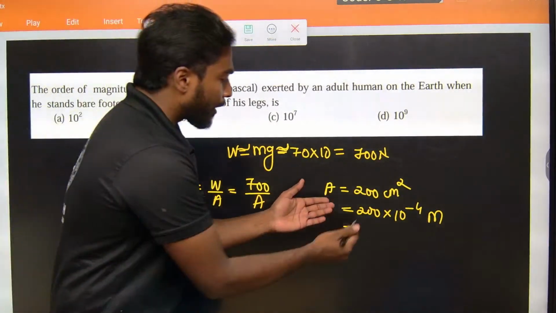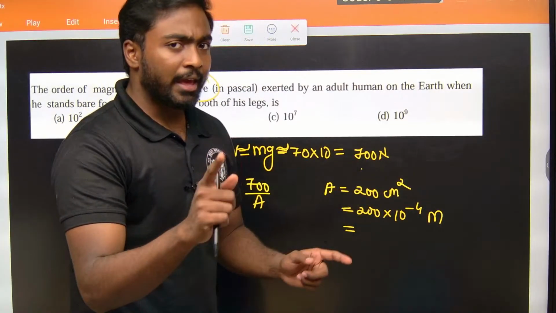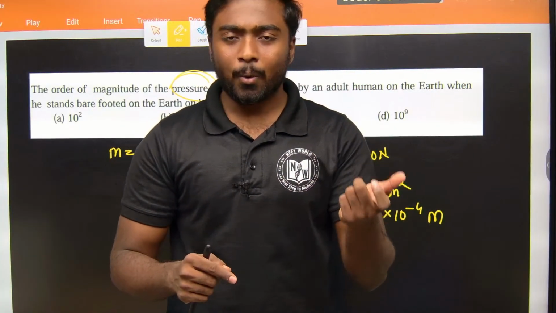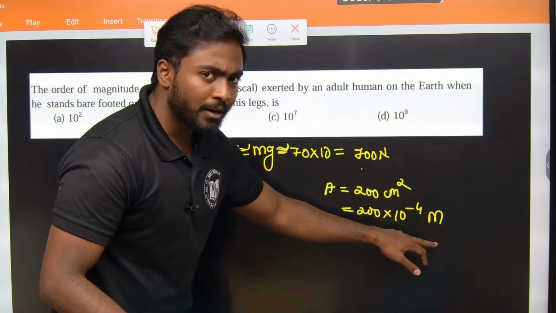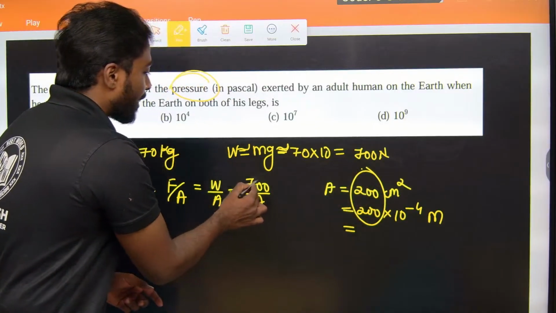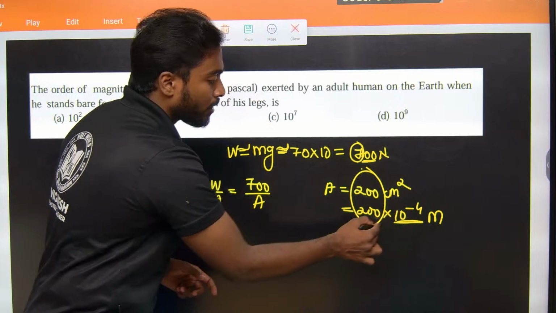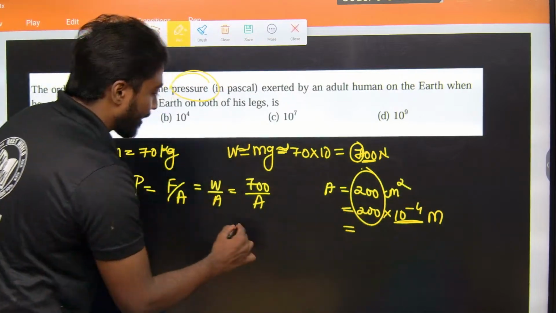Now, no need to worry. You can consider it as 1 also, 1 centimeter into 1 centimeter, centimeter square. So I am converting into meter, 10 power minus 4. I am not worrying about these numbers, I am worrying about the magnitude powers.